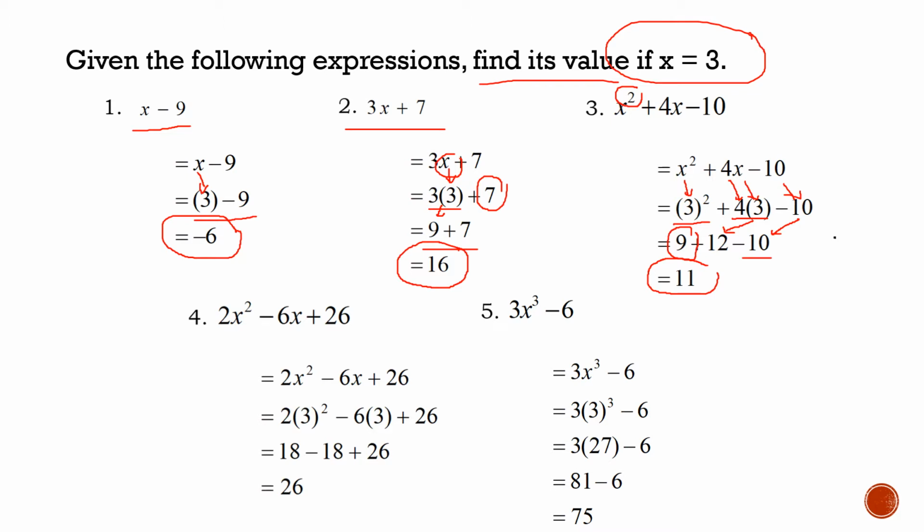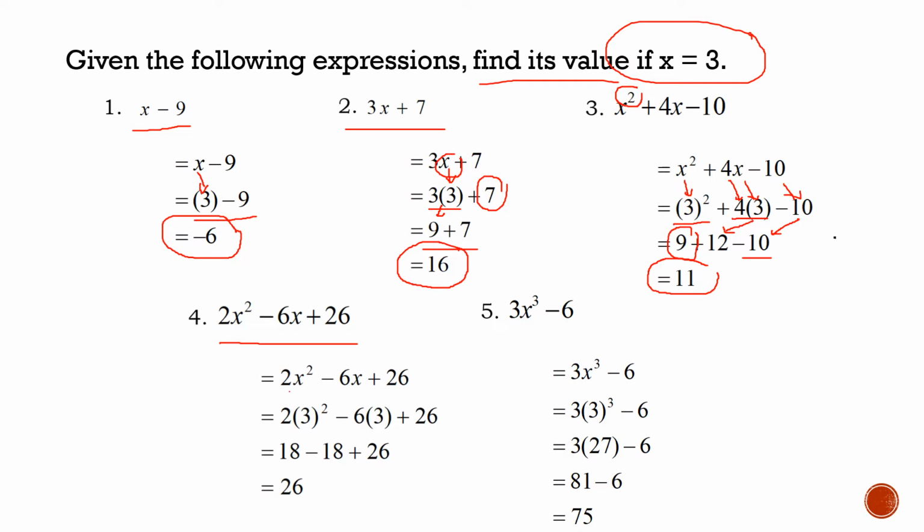Now, going to your fourth expression, it's the same process that we're going to substitute 3 as a value of your x variable in the given expression. Now, for your fourth expression, which is 2x squared minus 6x plus 26, again, we just simply substitute 3 as a value for x variable in this given expression, or we just simply replace the x variable in this given expression by 3.